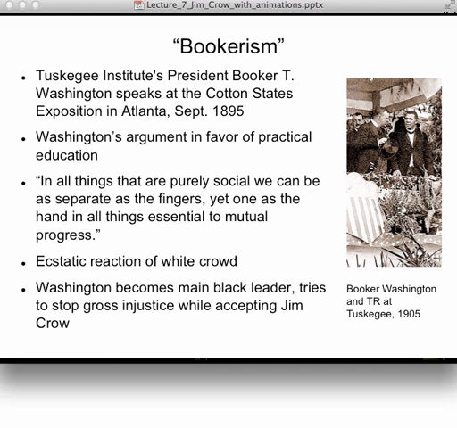But essentially, Washington argues that blacks had tried to go too far too fast during the Reconstruction period, that instead of trying to seek high political office, African Americans should instead try to work their way up slowly, and they should start with very ordinary, practical kinds of jobs, like being a farmer, like being a waiter, like being a Pullman car porter on the railroads, or what have you.